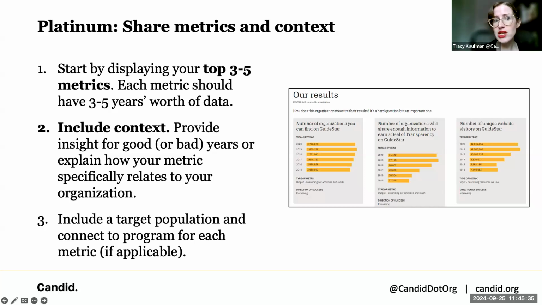Like for instance, in 2020 and 2021, for a lot of us, our outcomes changed. Sometimes for the better, sometimes for the worse, but either way, they often changed. You have a chance to explain that. And you can connect your metrics to a target population or a program if you want to. So it really helps give people a lot of good information of what's actually happening behind the scenes at your nonprofit. Next slide.